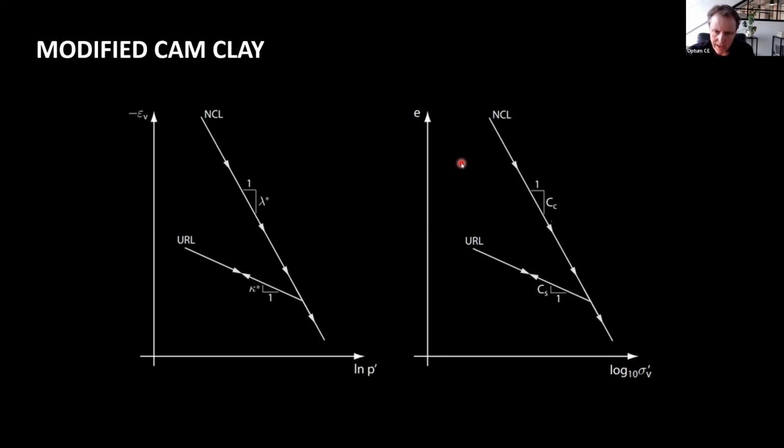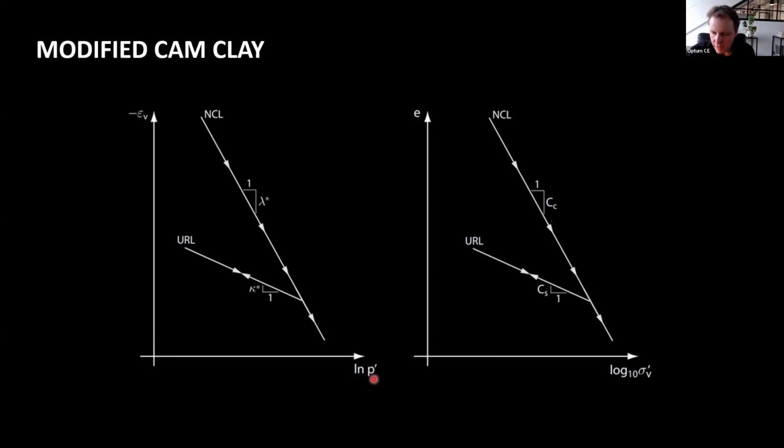The parameters of the CAM-clay model. The CAM-clay model replicates a behavior in isotropic compression, so in the case where we have equal compression on all sides, like this, which is similar to what we are used to. Except it's a little bit different, because in CAM-clay, first of all, it's not log 10, but ln.